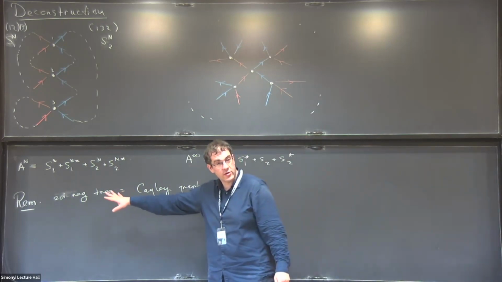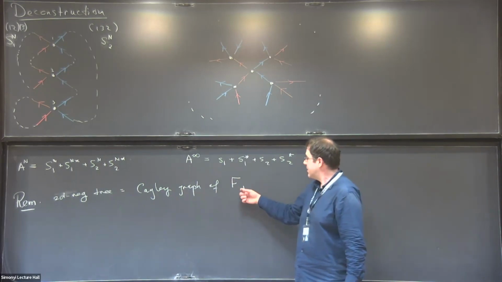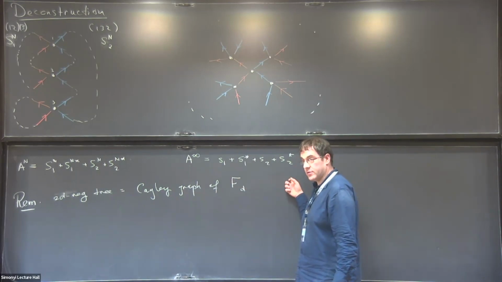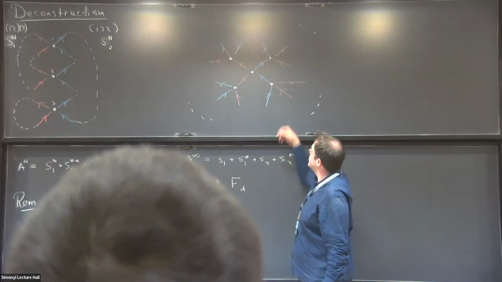You can think of the 2D regular tree as the Cayley graph of the free group of D generators, with the generating set being the free generators and their inverses, right? So there are 2D generators.